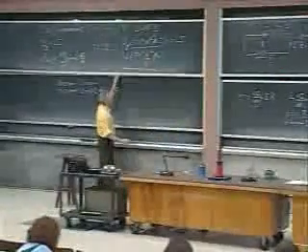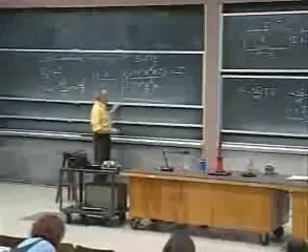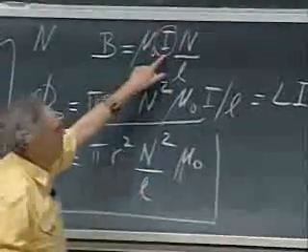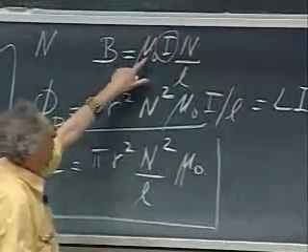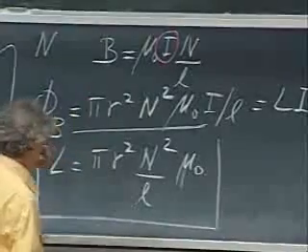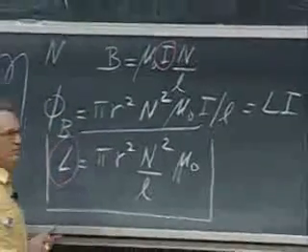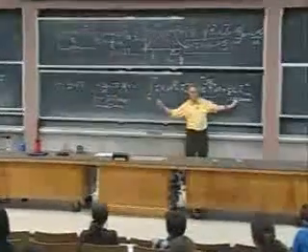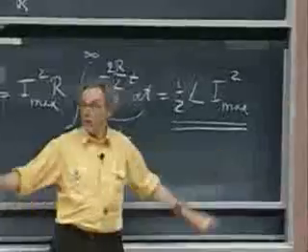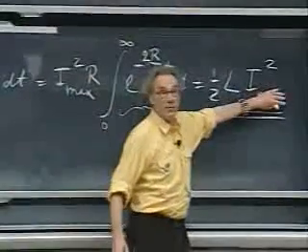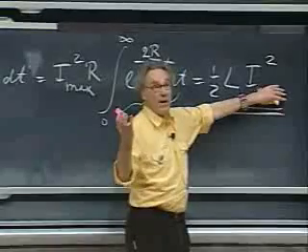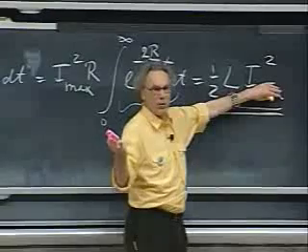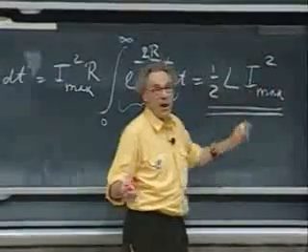And if I know that the energy that is ultimately coming out is 1/2 L I squared, then I have here I, and so I can replace that I there by B divided by mu 0 times L divided by N, and here I have L. And so if I substitute in here the value for L that we have on the blackboard there, and we substitute for I the value that we have there, you can drop the maximum now. This simply tells you then that any moment in time that I have a current I running through a solenoid, the energy that is available in the solenoid in the form of magnetic energy is 1/2 L I squared.